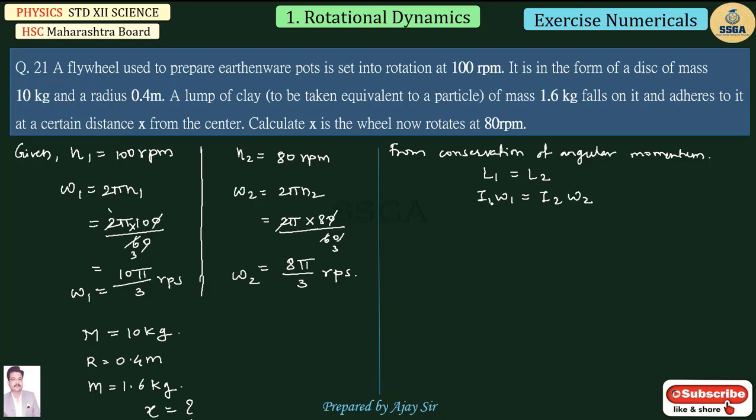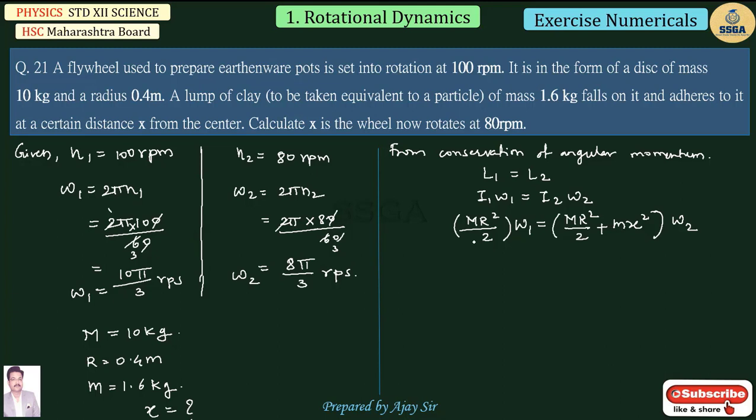So I is the moment of inertia of the disc, that is M r square divided by 2. So this moment of inertia into omega 1 is equal to M r square divided by 2 plus m x square, into omega 2. So this is at that distance you have to find the moment of inertia. It is at a distance x from the center.